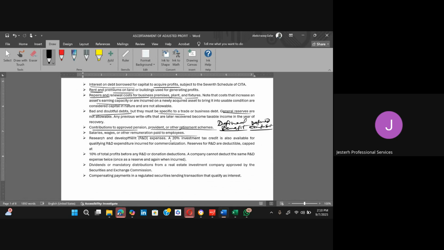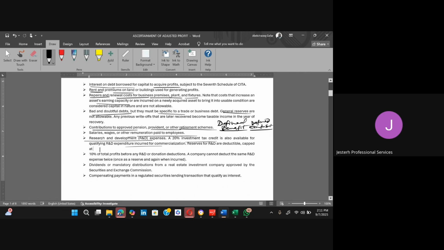Research and development expense. A 20% investment tax credit is also available for qualifying research and development expenditure incurred for commercialization. So when you are carrying out research and development activities, and such activities will be commercialized at a future date, it will be deductible.